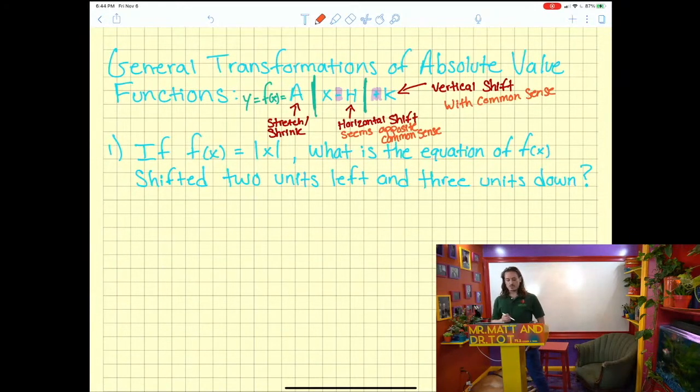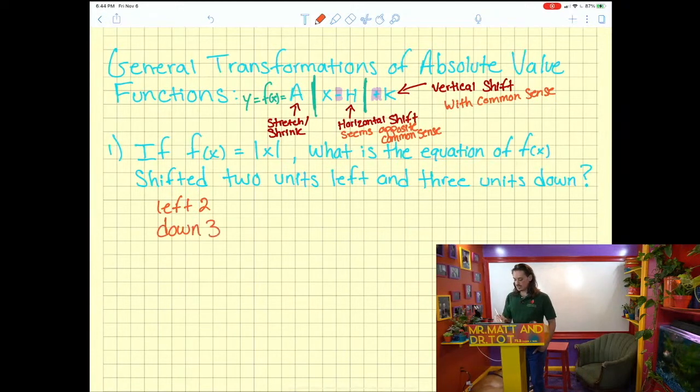Let's just look at one example, and again, I'm going to do a whole series on this later, but this is just a taste. Number one, if f of x is equal to the absolute value of x, what is the equation of f of x shifted 2 units left and 3 units down? A shift left or right is your h value. A shift up or down is your k value. Your h value, again, is opposite common sense.